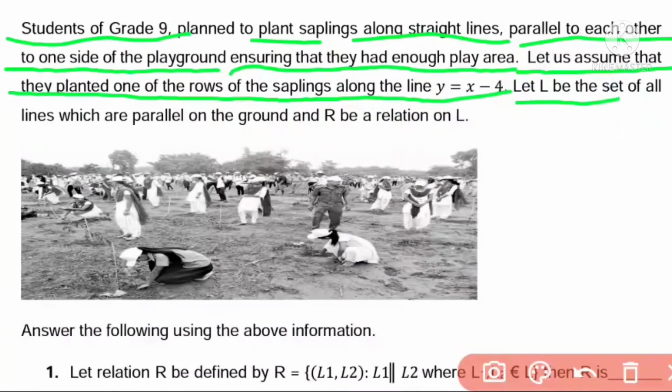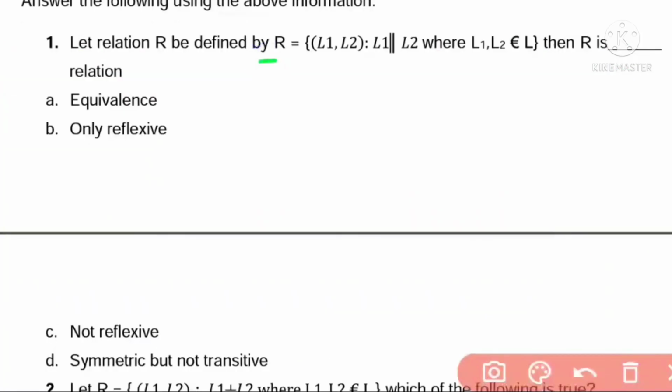Let L be the set of all lines which are parallel on the ground and R the relation on L. Let R be defined by R = {(L1, L2): L1 is parallel to L2} and L1, L2 belong to L.